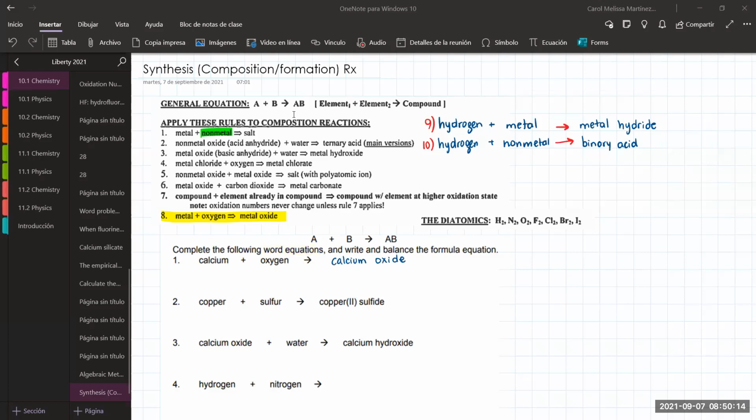Now in the second part it says, write and balance the formula equation. So we're going to write the formula equation as calcium. Is calcium a diatomic element?